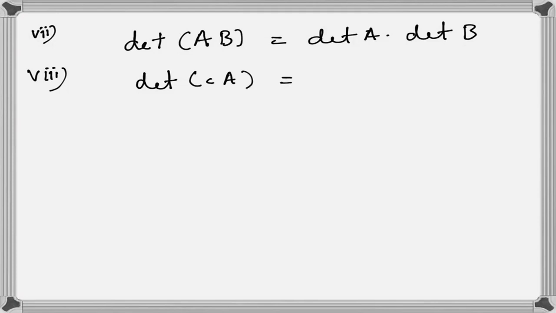This is nothing but C to the power n times the determinant of A, given A is an n cross n matrix. So these are some important properties of determinant.